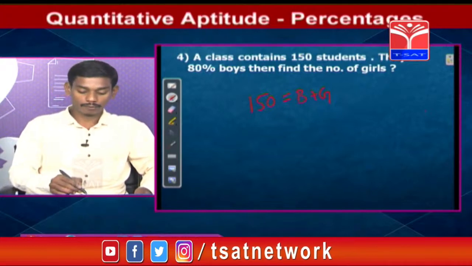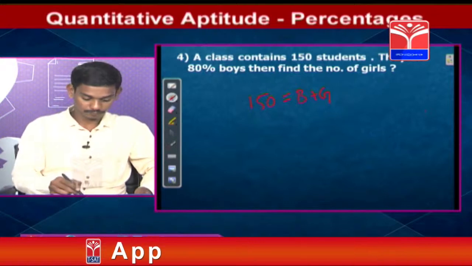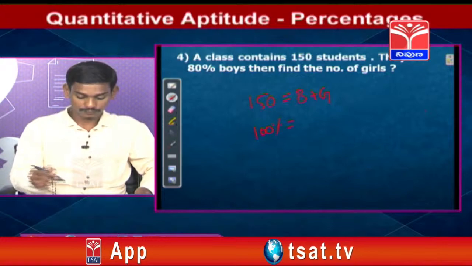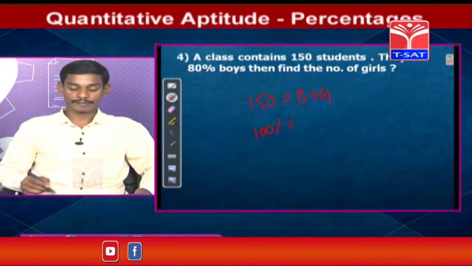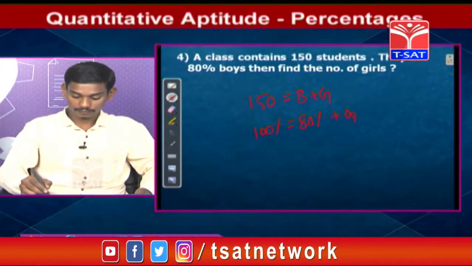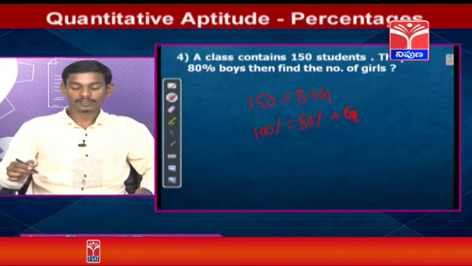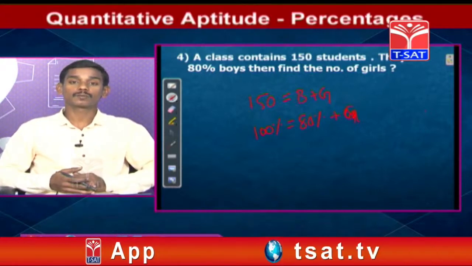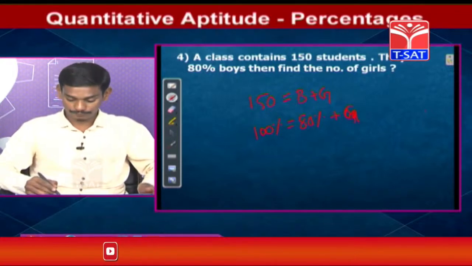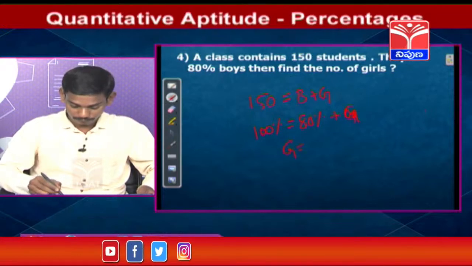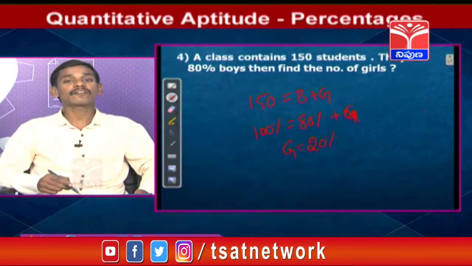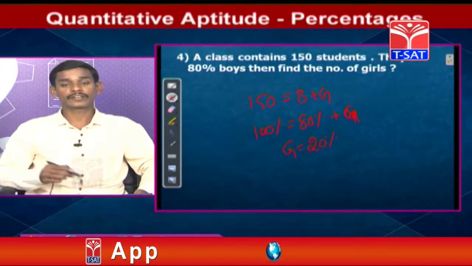So 150 is equal to 100%. Already we know boys percentage is given 80%. So in that 100% students, boys is 80%, remaining 20% belongs to girls only. So now we want to find the number of girls in that total 150 students.